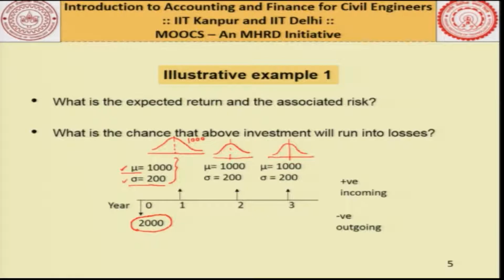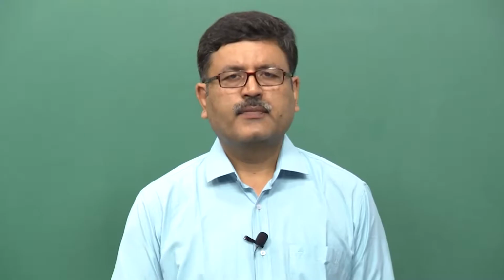Earlier in all our cases we were assuming that this mu is fixed, there is no standard deviation, that was a constant value of cash flow that we assumed, that was certain to be occurring. Subsequently we started changing it. So, we said that 1000 could become 1100, it could become 900, anything, but we did not assign any probability.